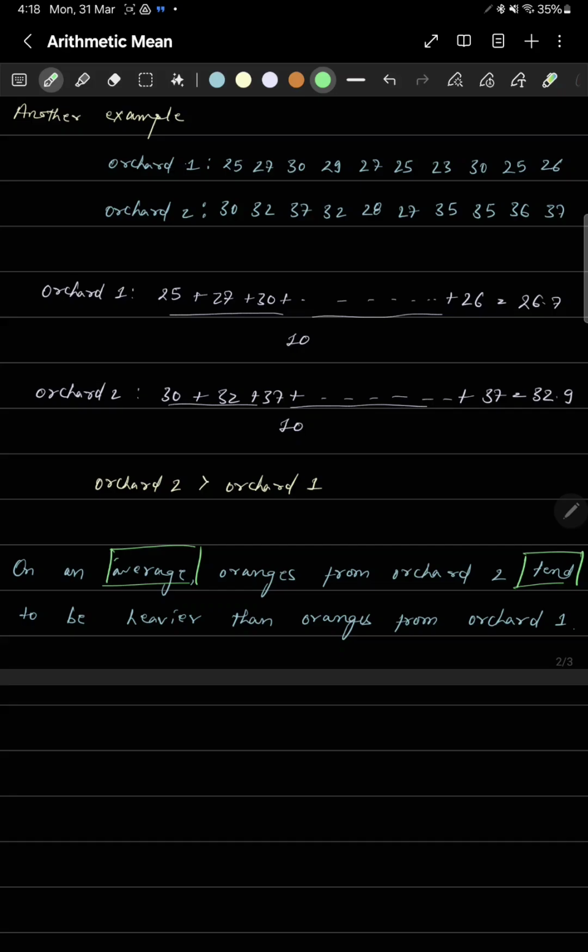That is the reason we are using the word tend. And that is the reason the definition says that arithmetic mean is one of the fundamental measures of central tendency. Tendency. That is the most important word here.